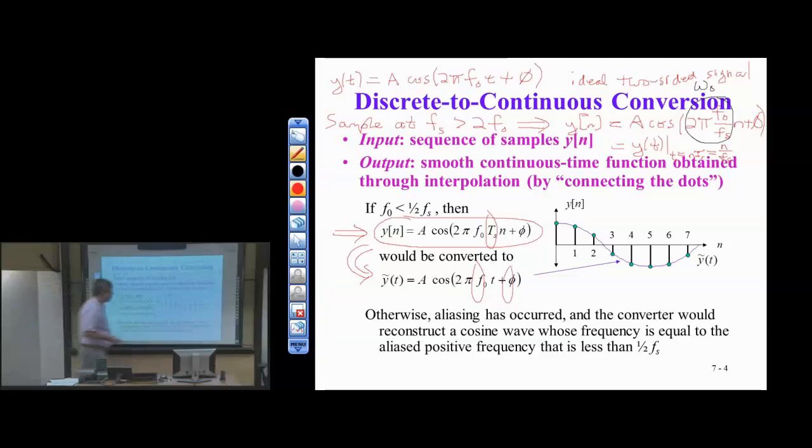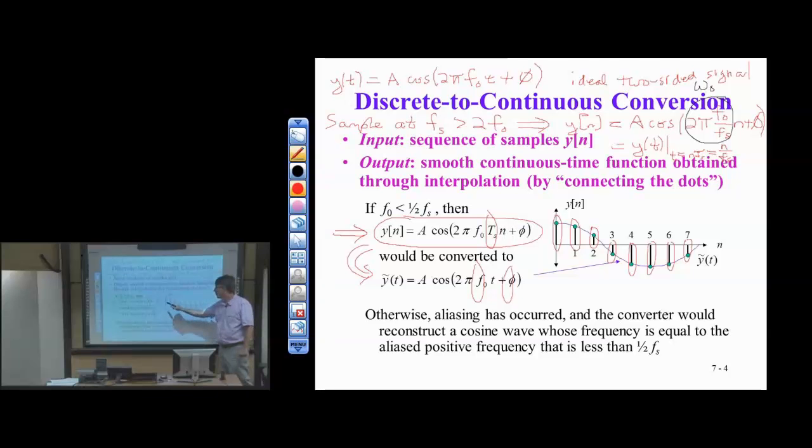Okay, so again, we start with little y of n, which I show here by a stem plot. Some people call it a lollipop plot. I'm okay with that. I don't think there's a lollipop command in MATLAB. It's stem in MATLAB. So I have my discrete time signal shown as a stem plot.